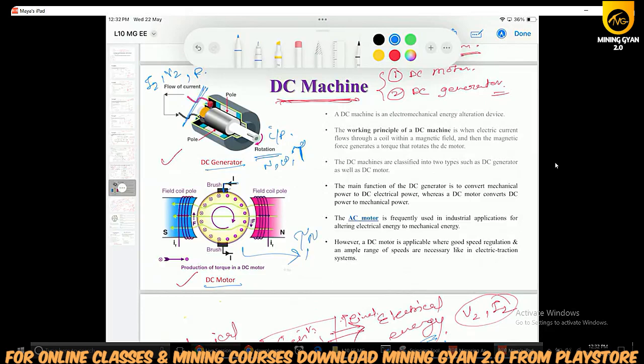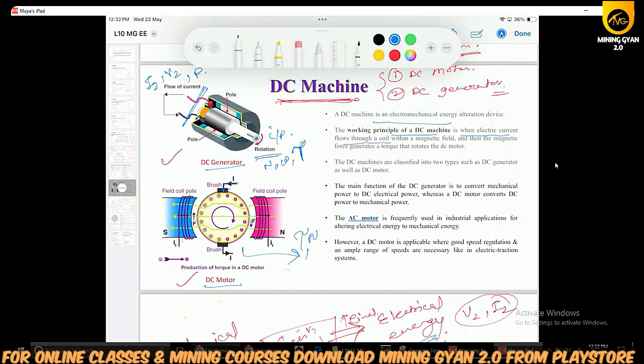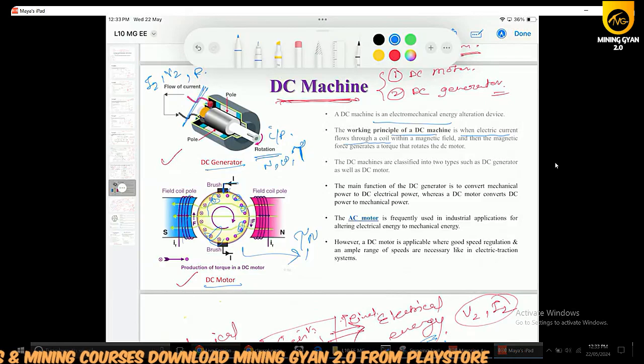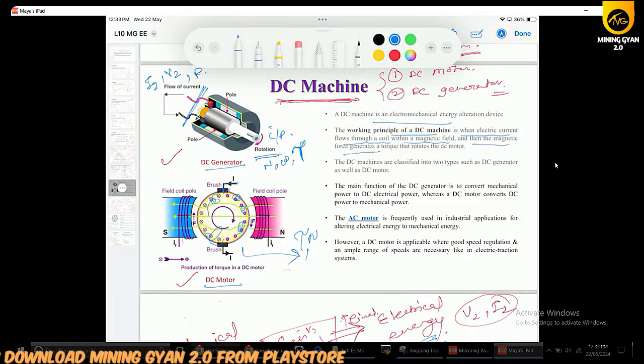So a DC machine is an electromechanical energy conversion device. The working principle of a DC machine is that when the electric current flows through the coils, these are the coils through which the electric current will flow, it sets up the magnetic field, and the magnetic field force generates a torque T that rotates the DC motor.